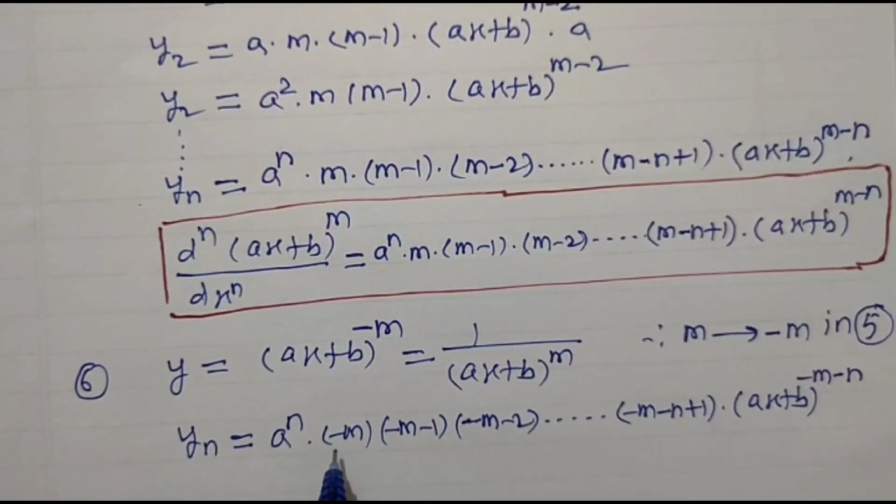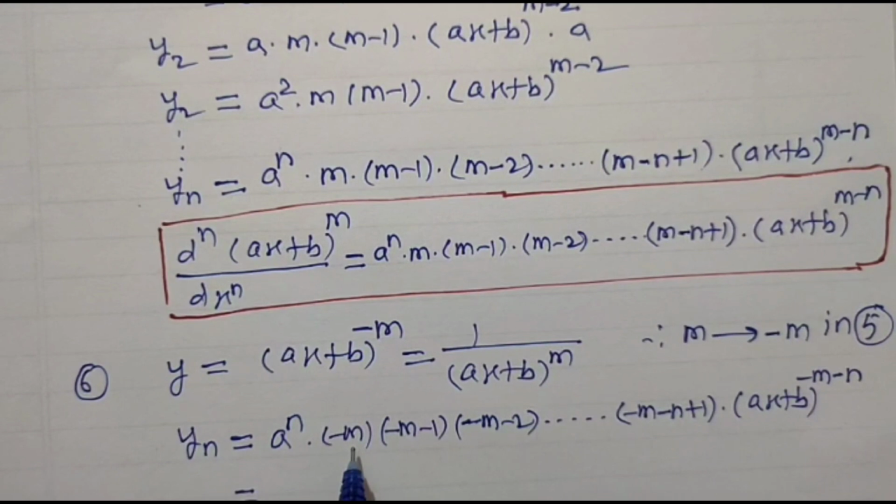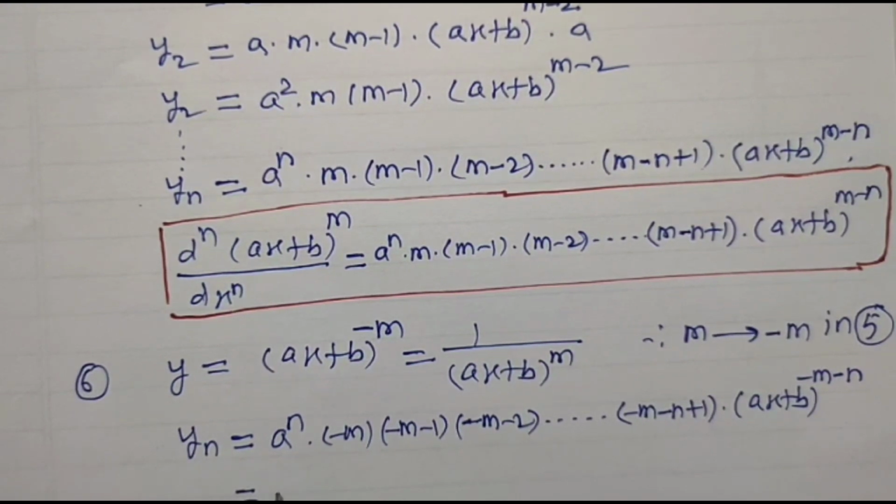Now taking the minus sign common from each bracket, from each factor we have to take minus 1 common, and these are n factors. How many factors are there? n factors. Minus 1 taken common n times, minus 1 into minus 1 up to n times, becomes minus 1 to the power n.